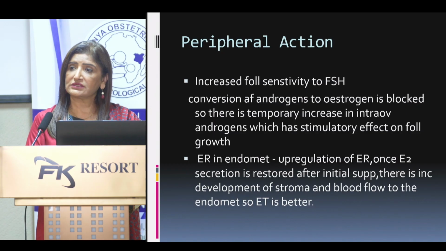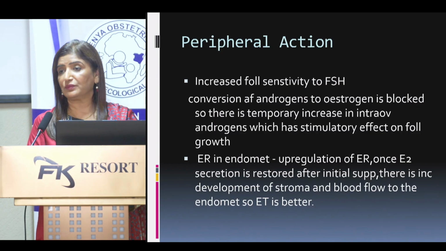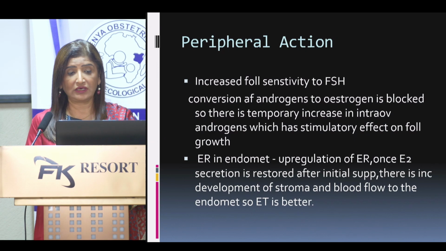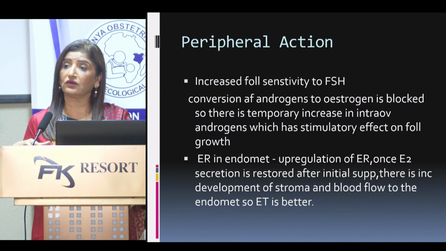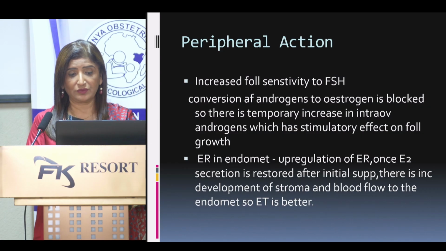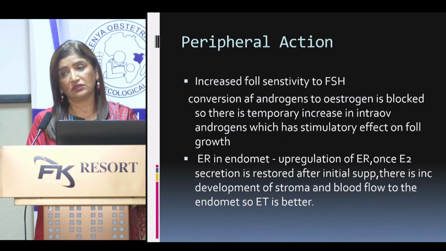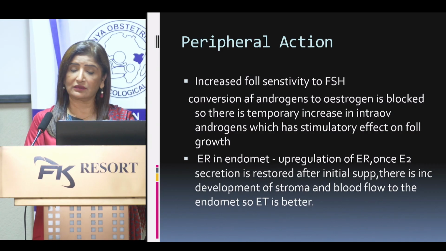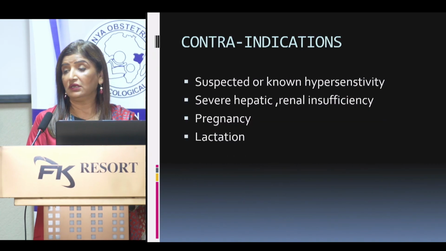It is also said that it has a peripheral action by increasing the follicular sensitivity to FSH, and there is also upregulation of the endometrial receptors. So the blood flow and everything is better, and that's why the pregnancy rates are better with letrozole.